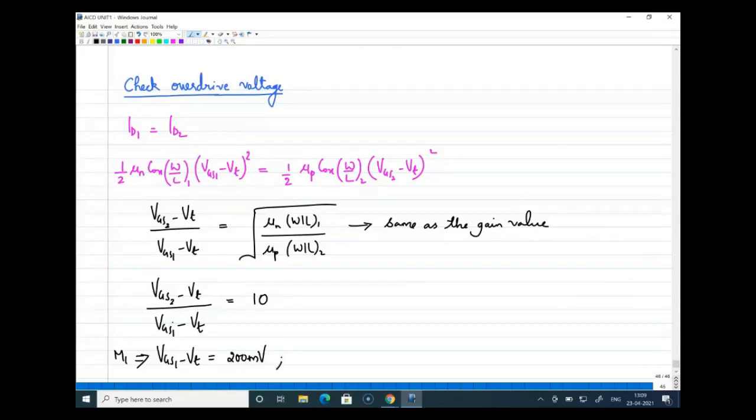In order to maintain the gain of 10, what should be VGS2 minus VT? VGS2 minus VT should be 10 times this value, which is very close to 2 volts. Right. Is that clear what I have written? Now let me bring the circuit back. So I have the circuit here.